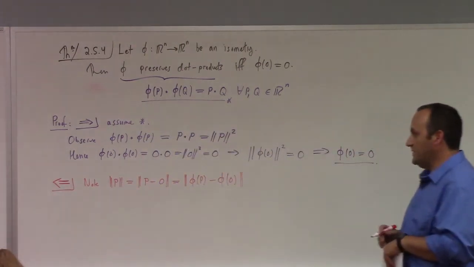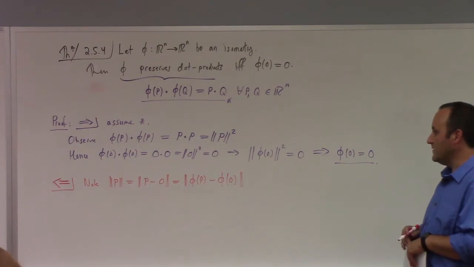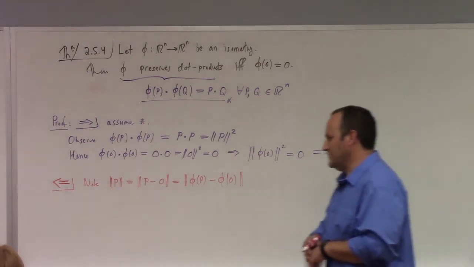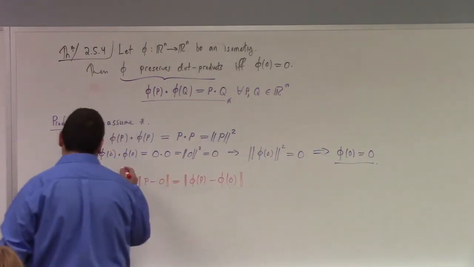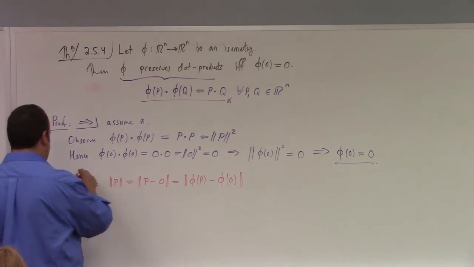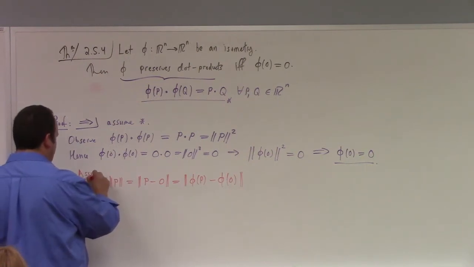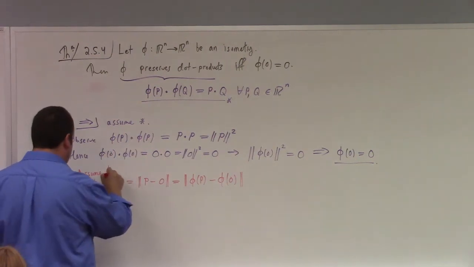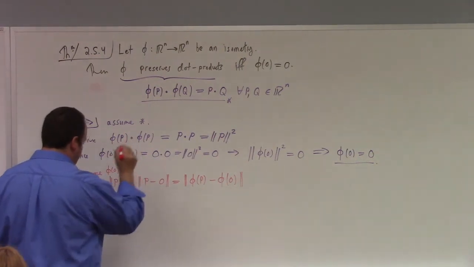But we just proved that phi of 0 is, well, excuse me, we're not proving it, we're assuming it, right? The other direction we should assume, I'm sorry, but bad instructor. I should say assume what? What's at the start of the reverse? We must make our assumption. Assume phi of 0 is 0, right? That's our starting point.